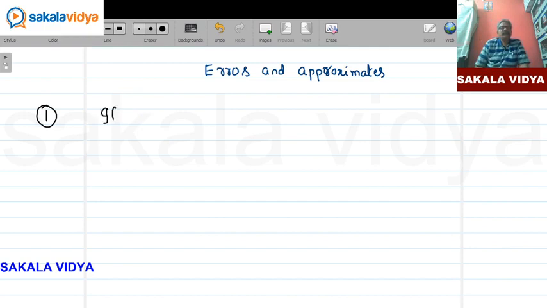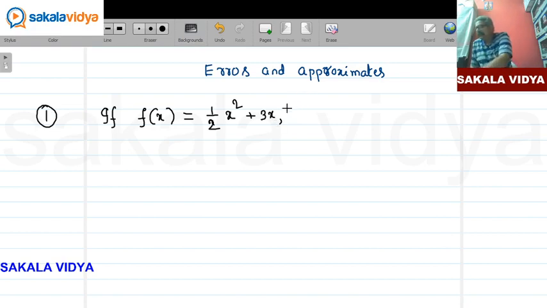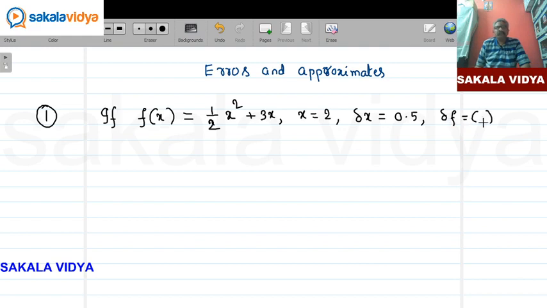If f of x equals half x square plus 3x, x is equal to 2, delta x is equal to 0.5, then delta f is equal to question mark.